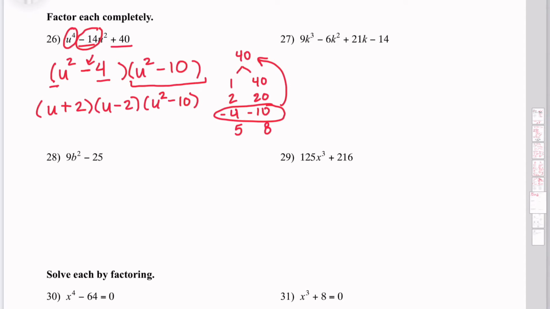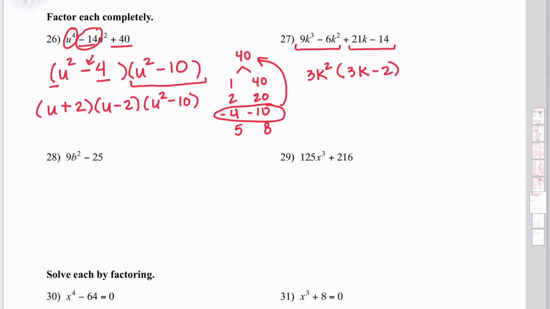For question 27, let's try to use group factoring. The way you do this is you group the first two terms and the last two terms, and you want to take out their greatest common factor from each. From the first two terms, we can take out a 3k squared, leaving us inside with 3k minus 2.